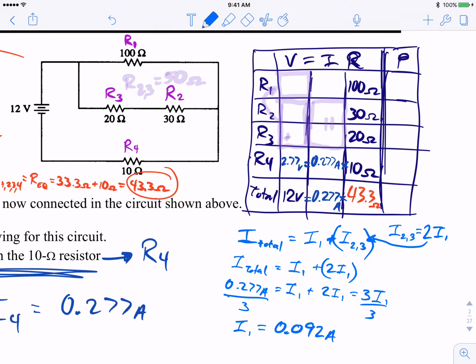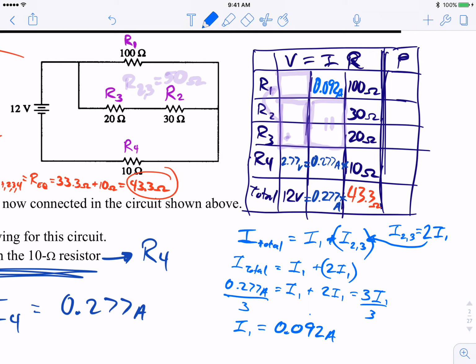That unlocked 0.092 amps up here. Now I can go back to my earlier equation.